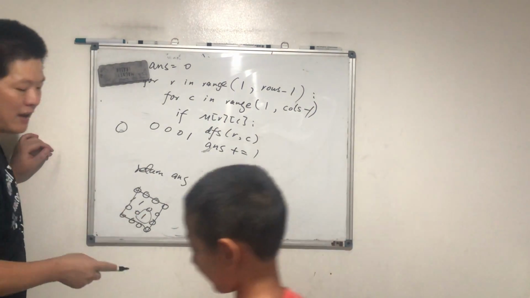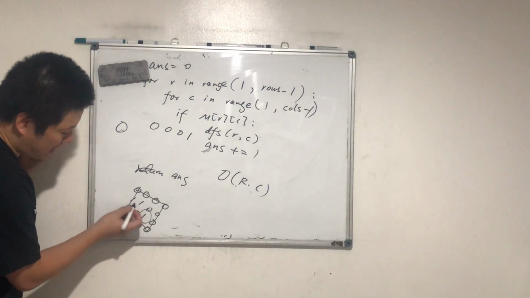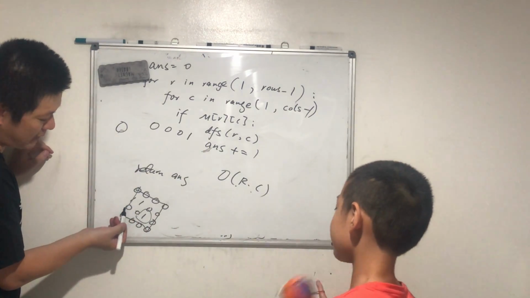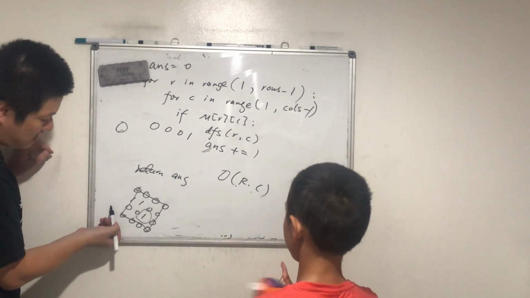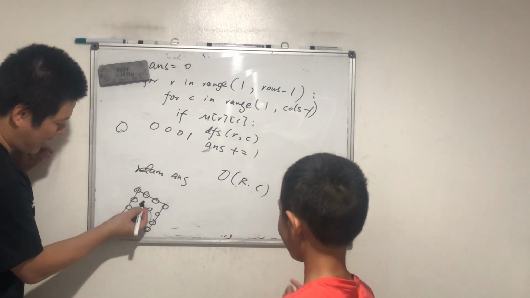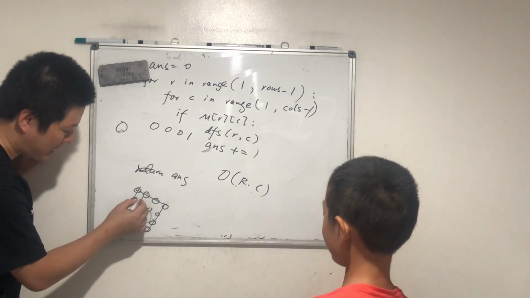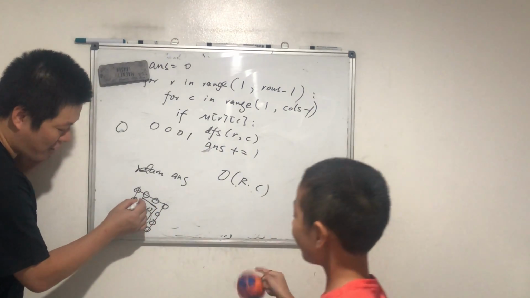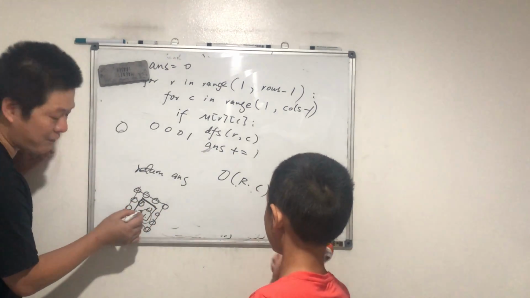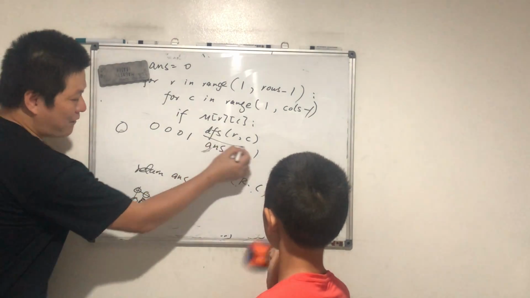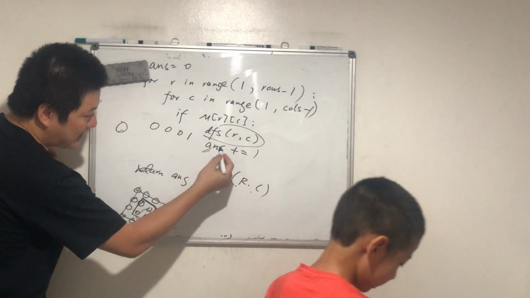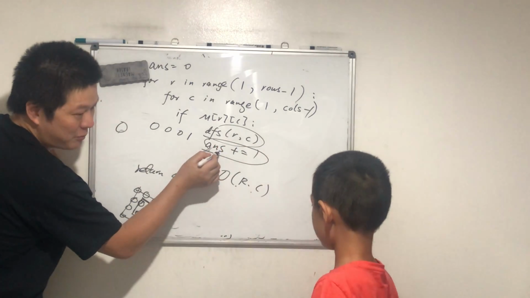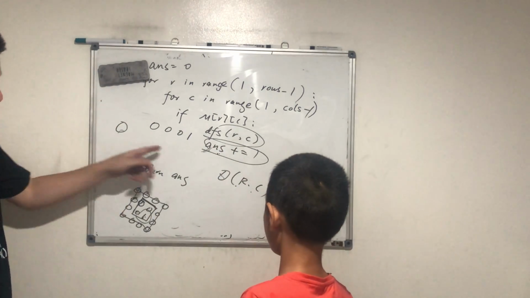Which two pixels will become 0? These two. Then I start from the middle, pixel by pixel, and if it's 1, I do the depth first search and mark the connected pieces to 0, and then I increment the answer, and return the answer.